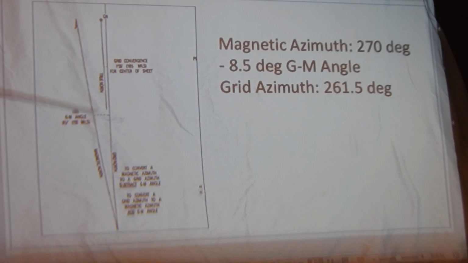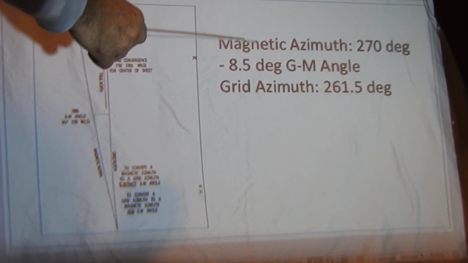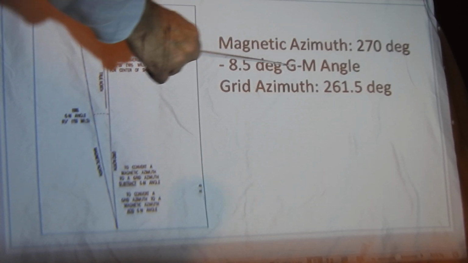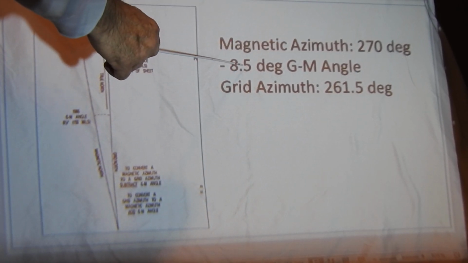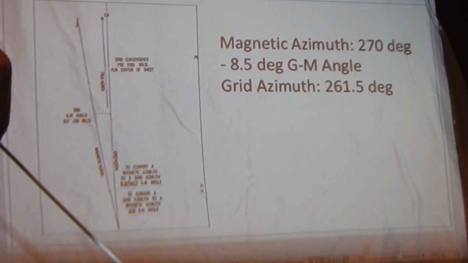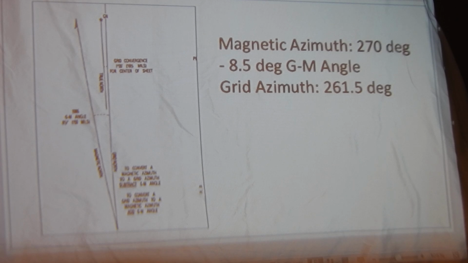For this example, we have to subtract 8.5 degrees. That's the GM angle, the difference between magnetic and grid. So our 270 degree heading, we subtract 8.5 degrees, which would be 261.5 grid on the map. That would give us the same heading as we're navigating. So again, that's how you do the conversion.